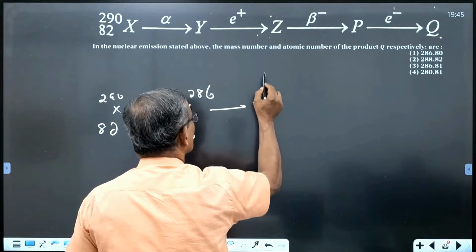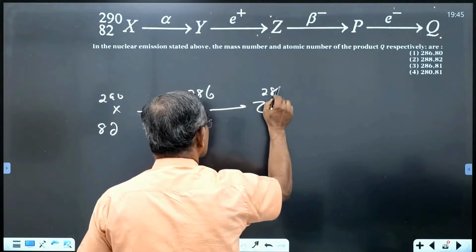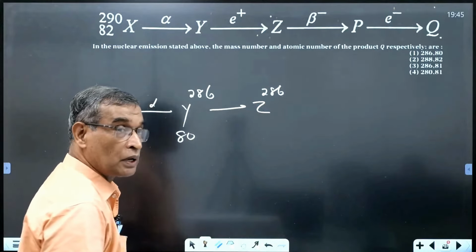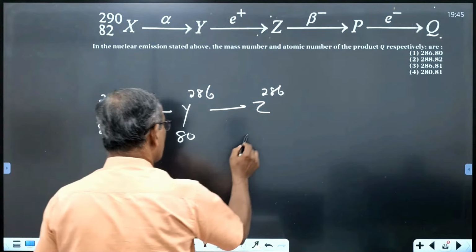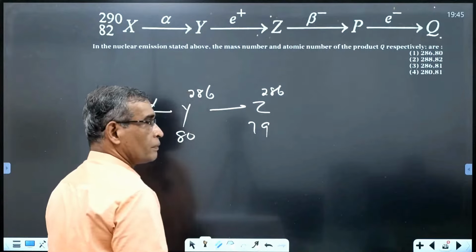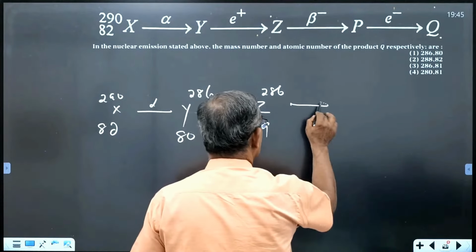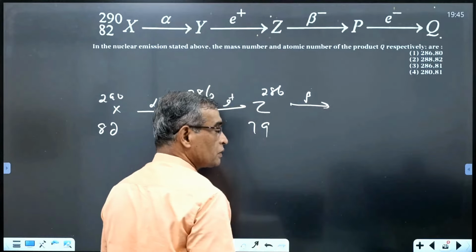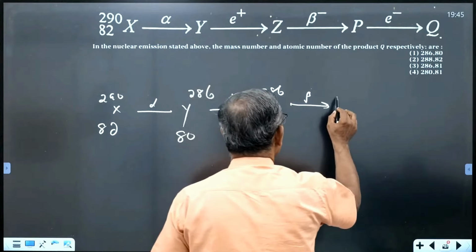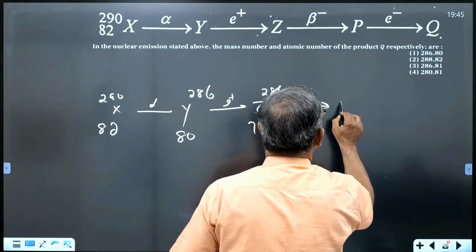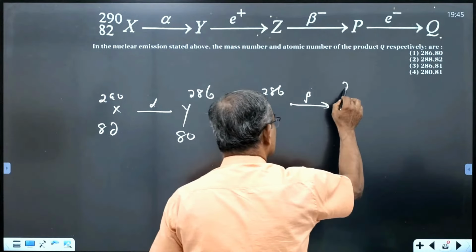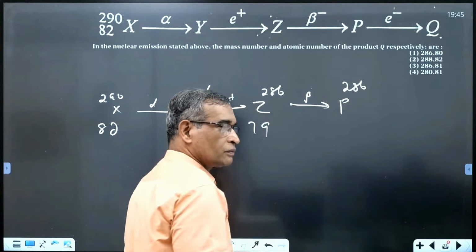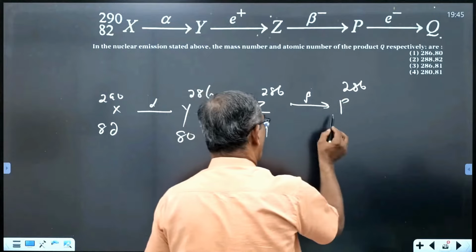A proton becomes a neutron, mass number remains at 286, and therefore the atomic number becomes 79. Now beta decay, the positron emission; beta decay, electron emission. Then what about that? That is our P. It becomes 286, there is no change for the mass, but here the atomic number increases by 1, equal to 80.